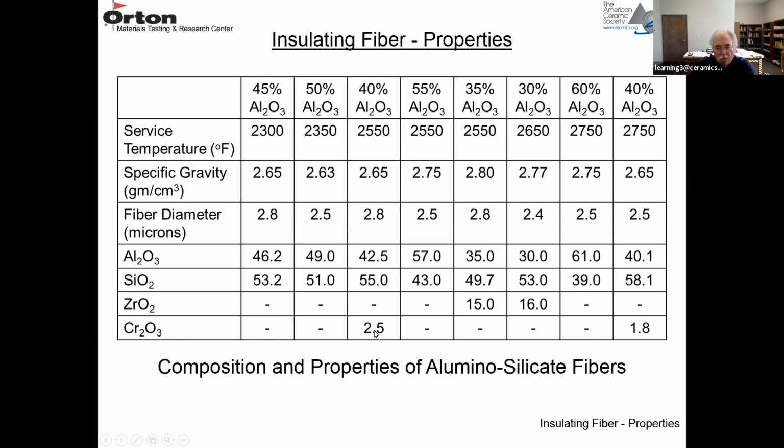And this one has ZrO2. So this one has quite a bit, about 15% in each case. So whatever the application, maybe there's a gas phase in this one and you wanted a little more corrosion resistance, you might have added ZrO2. Same thing with this chrome addition.